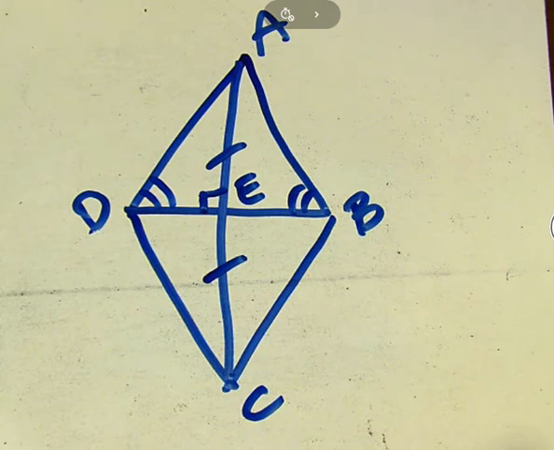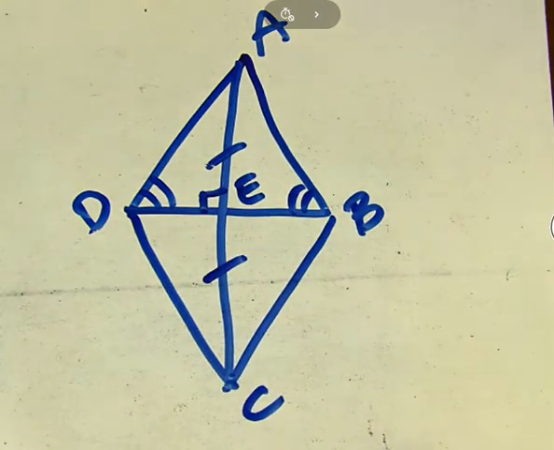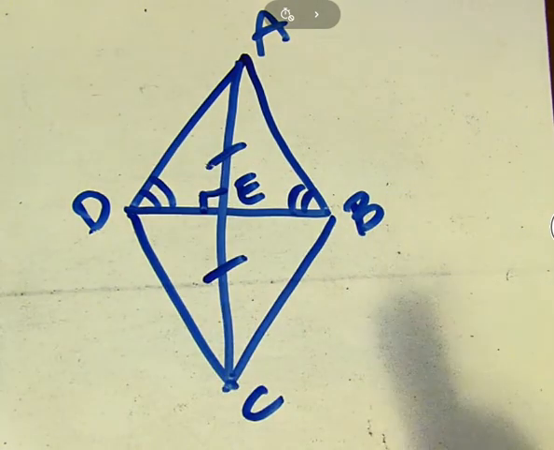Okay, now that we know what we're trying to do, the first thing that should hopefully come to mind is that you can prove triangles congruent to one another. That's one way, and then use CPCTC to say that their corresponding parts are also congruent.